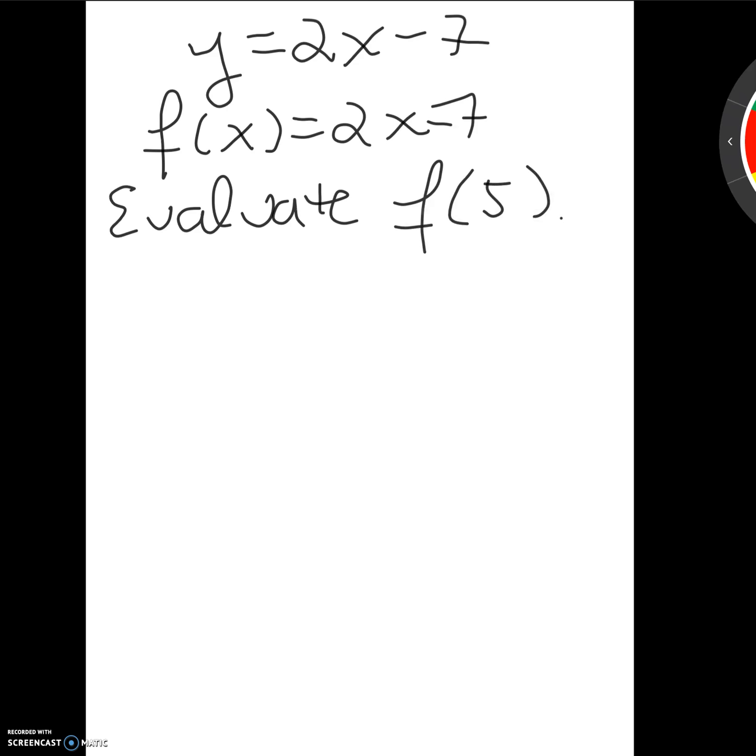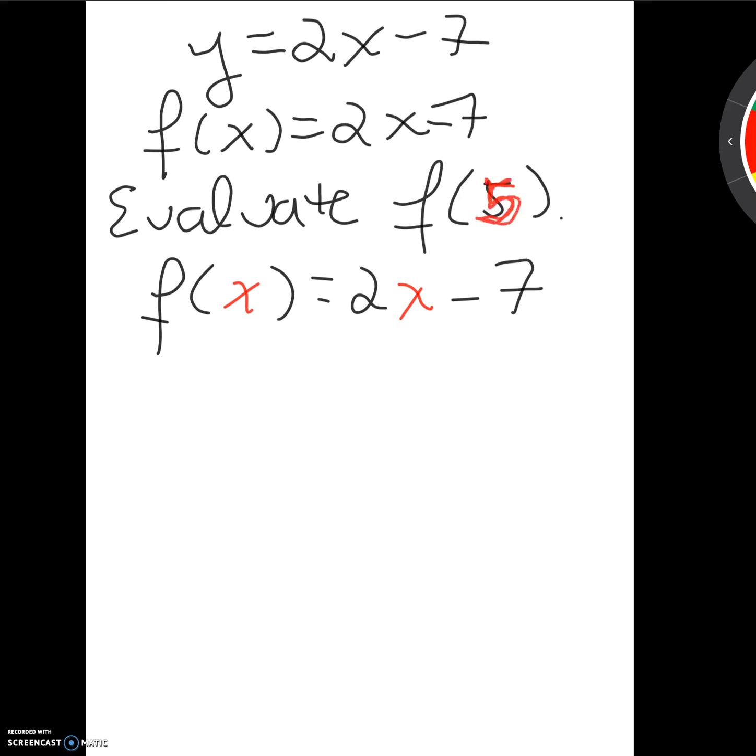If I ask you to evaluate f of 5, what that means is every time I see an x in that function, I'm going to ask that you replace that x with the number 5. So what we're doing is inputting into that function the number 5 every time I see an x.